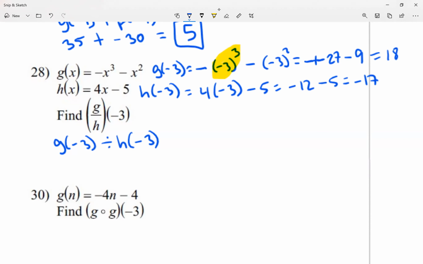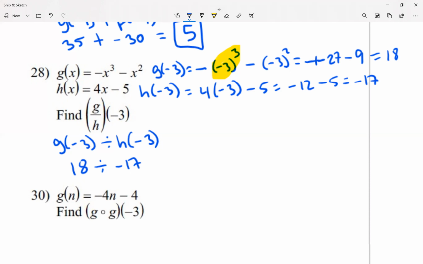So g of negative 3 divided by h of negative 3, I'm basically looking at 18 divided by negative 17. All right, now if I type this in my calculator, it's going to give me a decimal, right? Now, let me write my answer as a fraction.